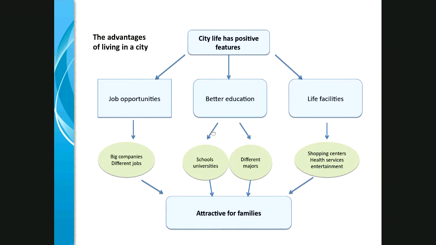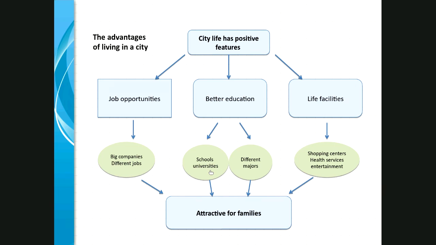The next idea is better education. We know that in a city there are lots of schools and many universities. So there are lots of options. You don't have just one school or one university where you can go to. No, you have many options. So from these options, okay, you can decide what kind of majors to study at a university. For example, you want to study medicine, you want to study, for example, engineering.